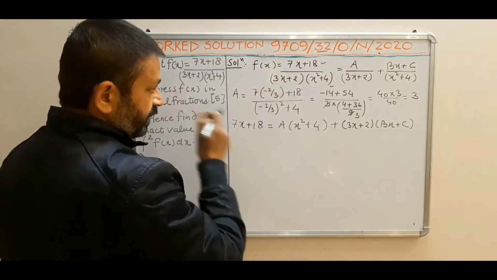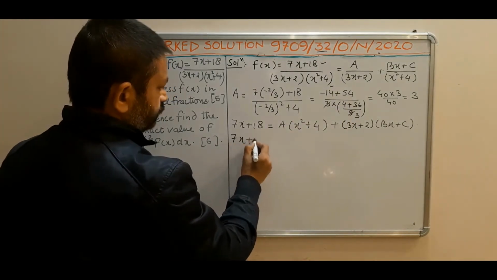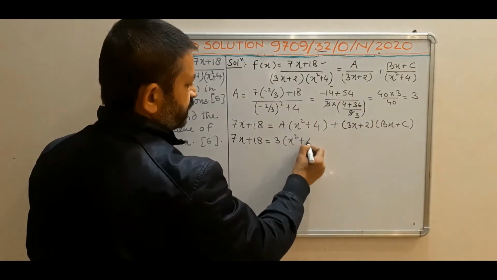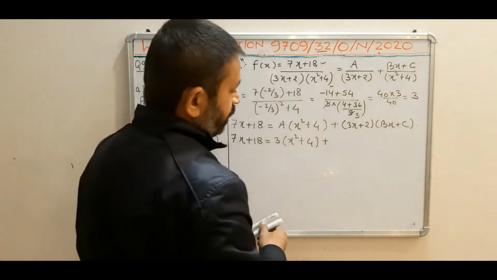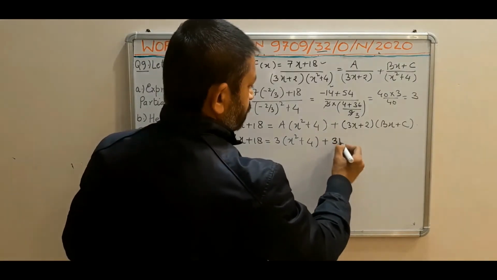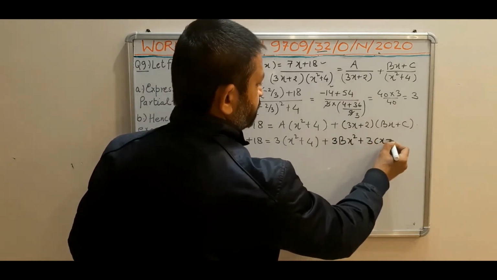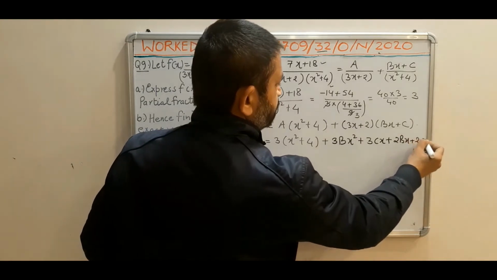Now A we have already calculated, it is 3. So 3 times (x² + 4) plus 3Bx² + 3Cx + 2Bx + 2C.